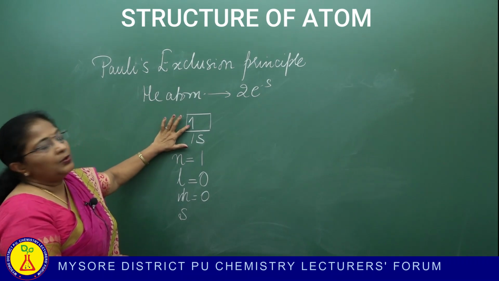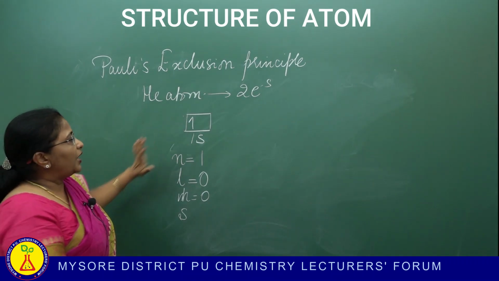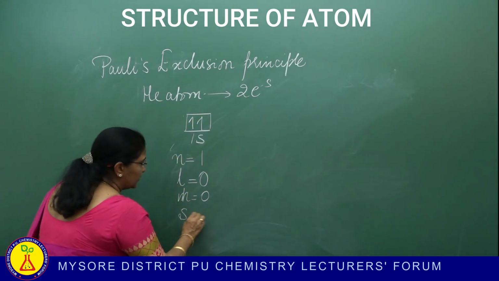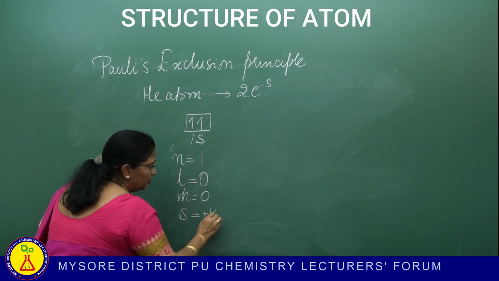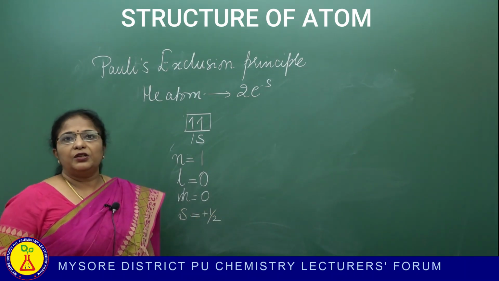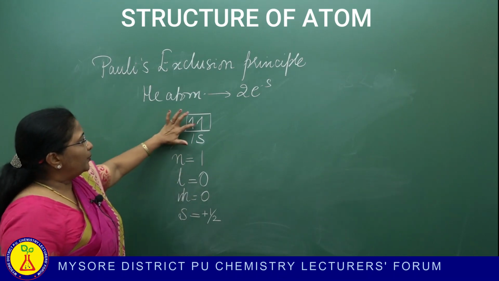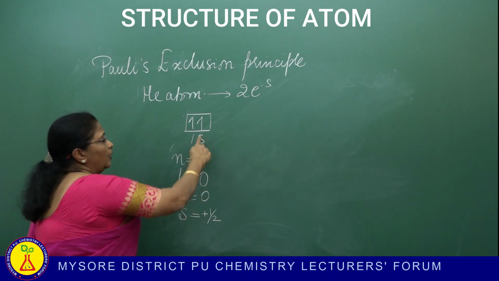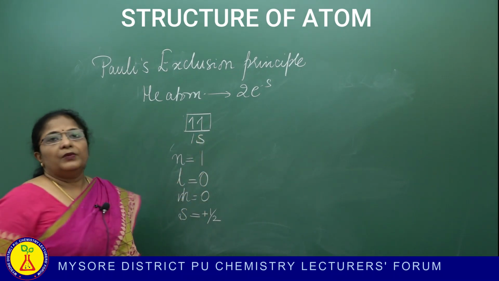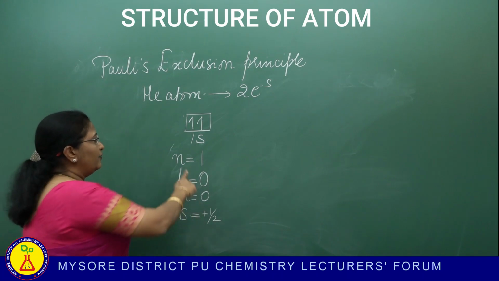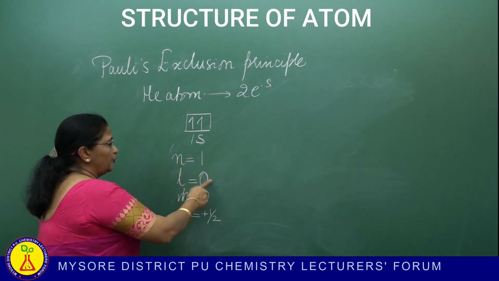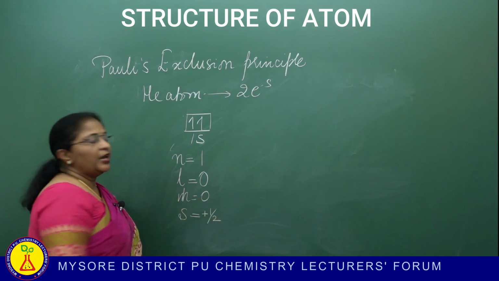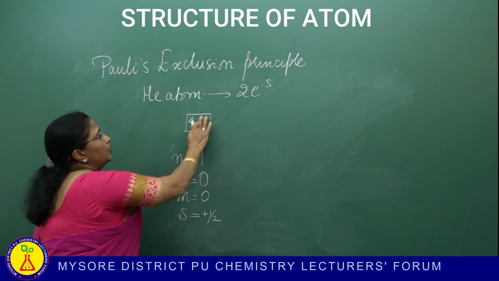But here you need to have two electrons. So if I put another electron in the same direction, the spin quantum number value is going to be plus half. This second electron will also have all the same set of quantum numbers: n equal to 1, L equal to 0, m equal to 0, S again equal to plus half.